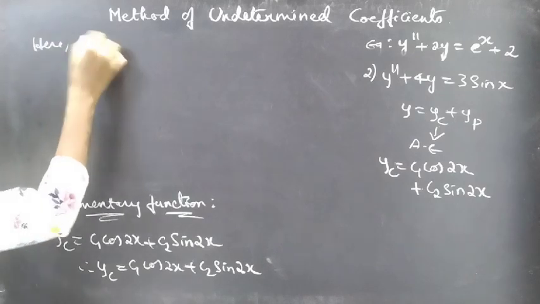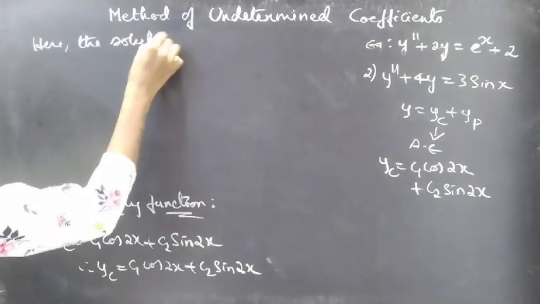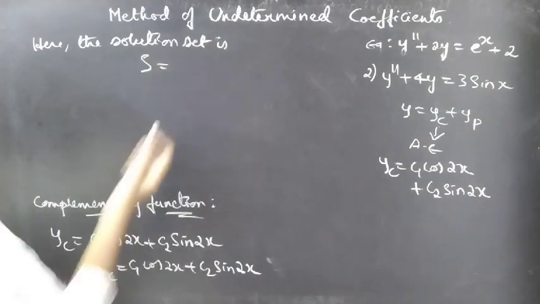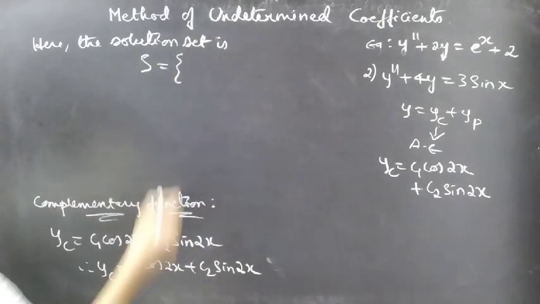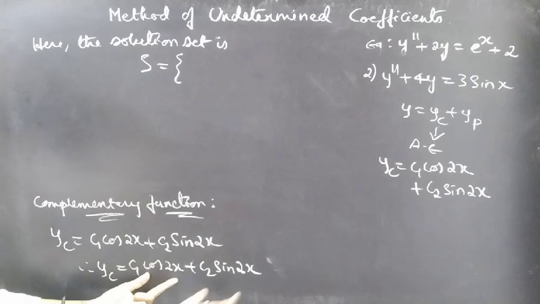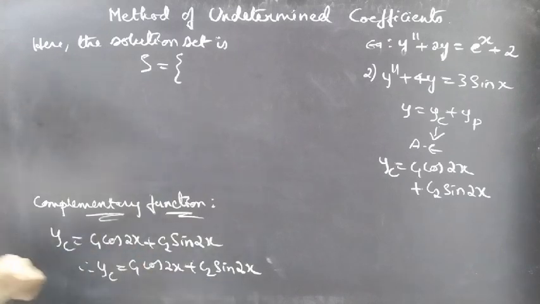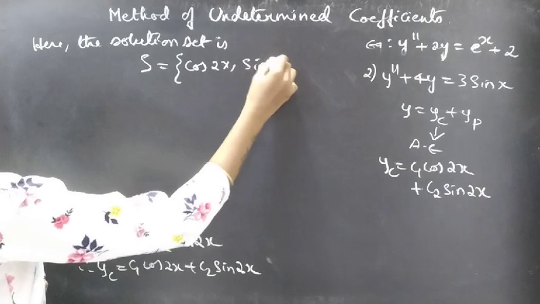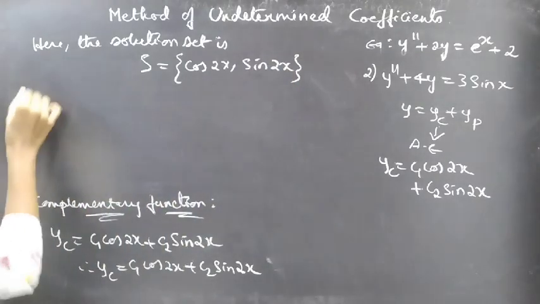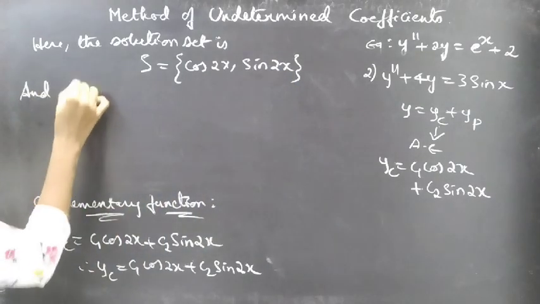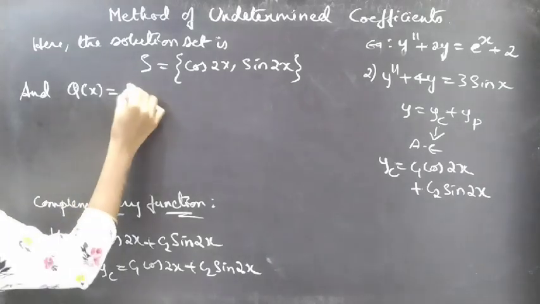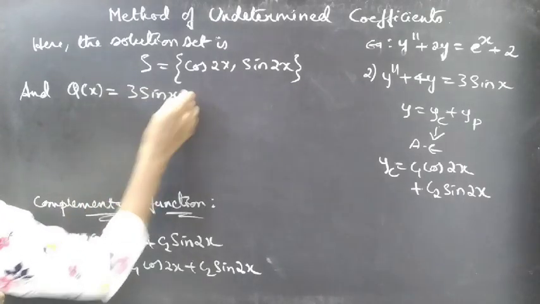Here, the solution set, say S for solution set, equal to the terms in x, cos 2x and sin 2x, and q of x is the RHS part of the given equation, 3 sin x, right?